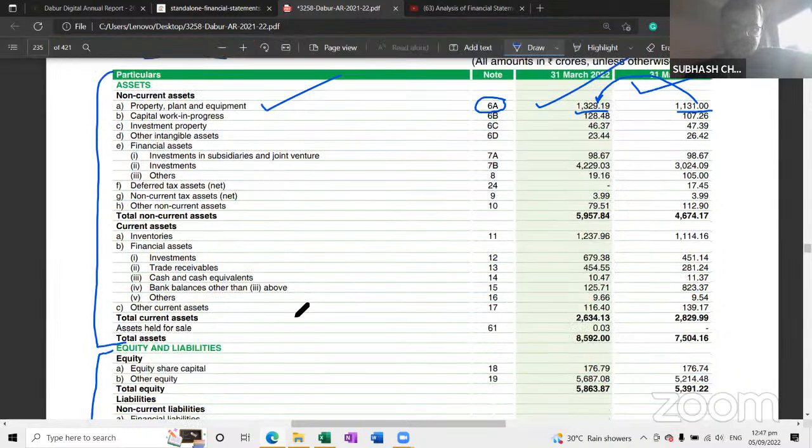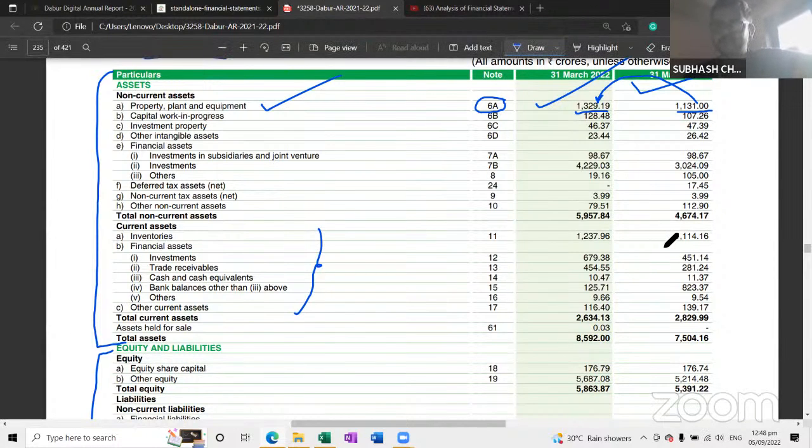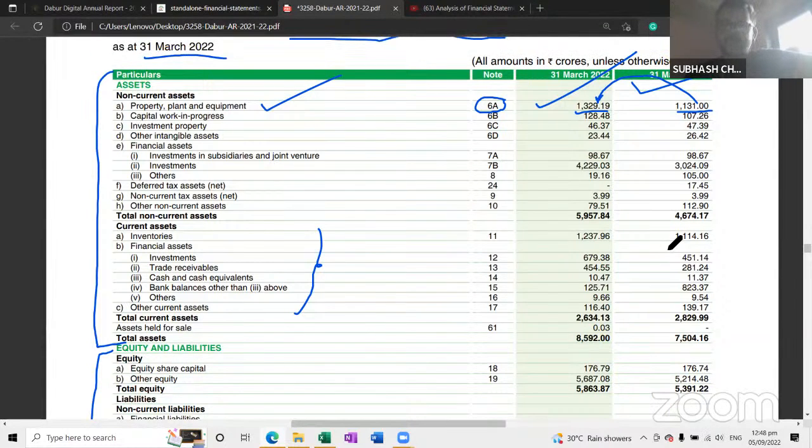See, when we learn the formulas of ratios, then we can understand where to take the data from. Let's say the current ratio, so current assets upon current liabilities. In a balance sheet you should be able to find where you will get the current assets. So current assets are given here. Last year it is 1114 and this year it is 1237.